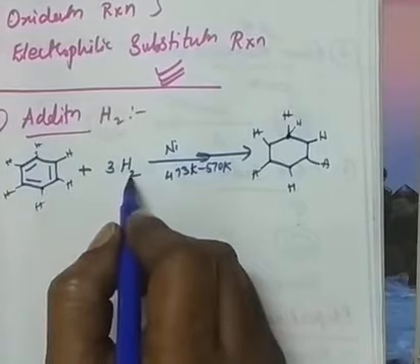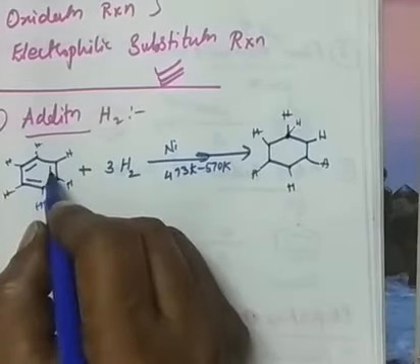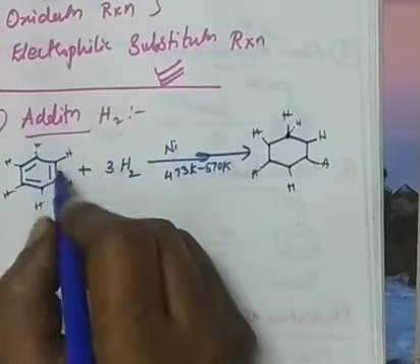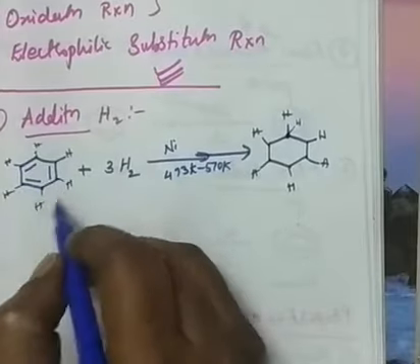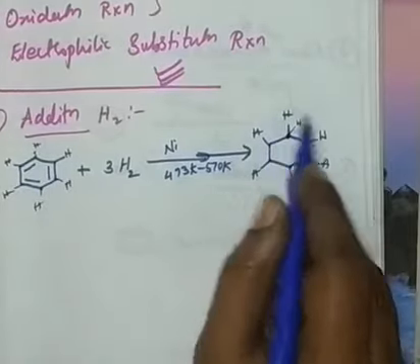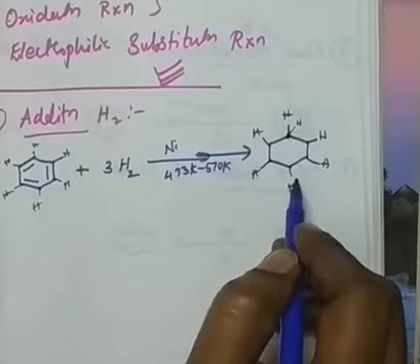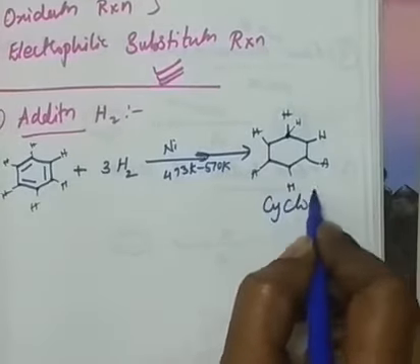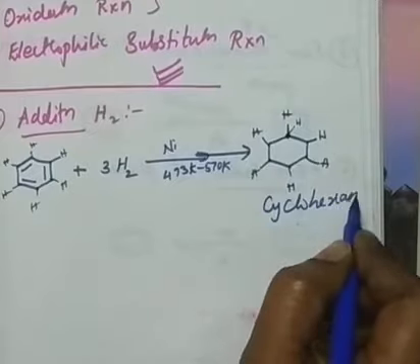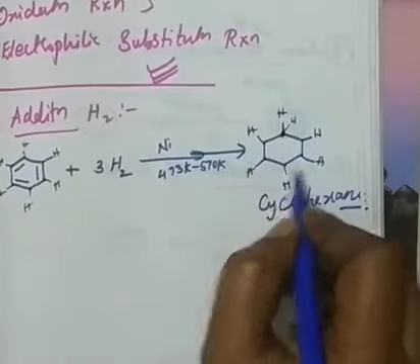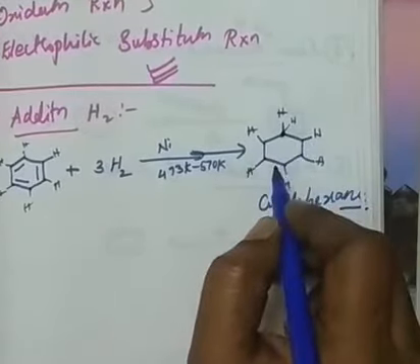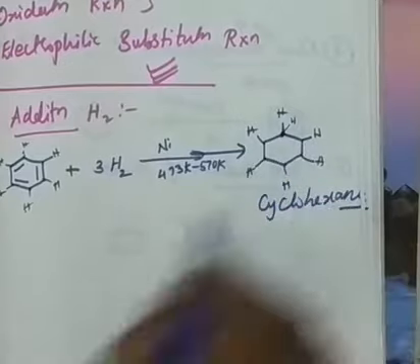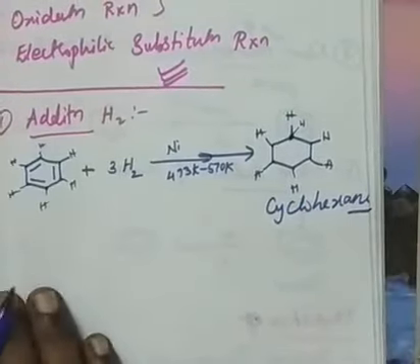When I add 1 molecule of H2, it removes 1 bond and gives 1 hydrogen here. So the hydrogens already present I am not writing; newly added hydrogens I am writing. Or without writing anything also I can say. And what would be the name of this one? Cyclohexane. Hex because of 6 carbons, cyclo because it is a cyclic system, ane because it is a saturated system. So this is formed.